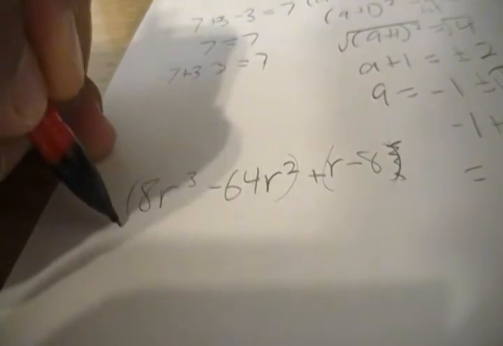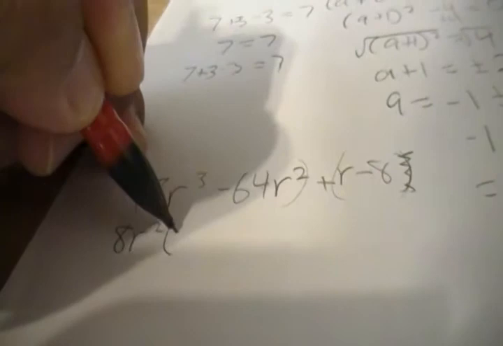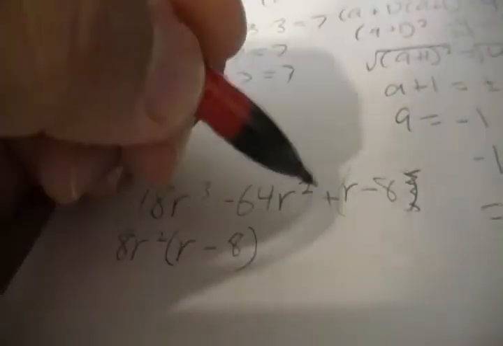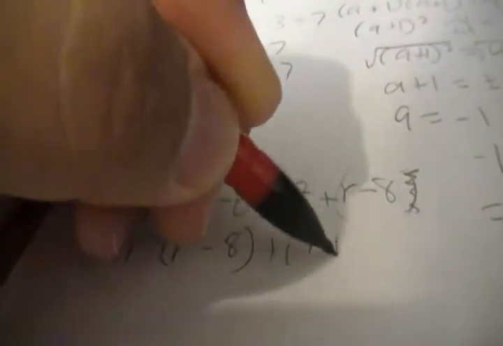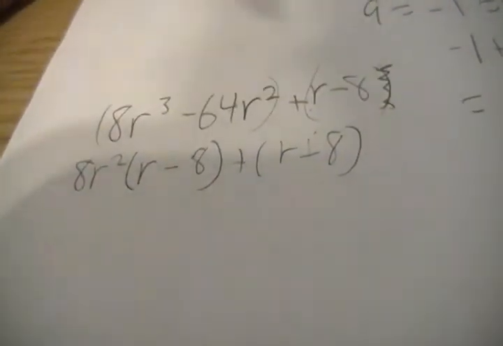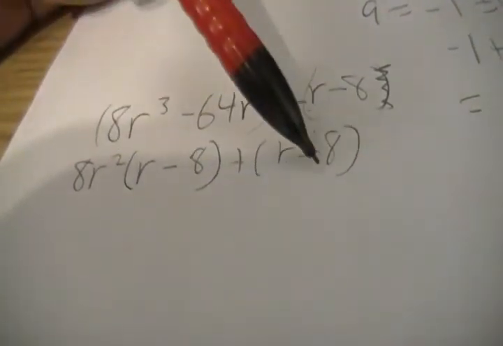So if we factor out an 8 and an r squared, we get r minus 8, because 8 times 8 is 64. And then this is plus r minus 8. Now you'll notice that we have two factors of r minus 8.